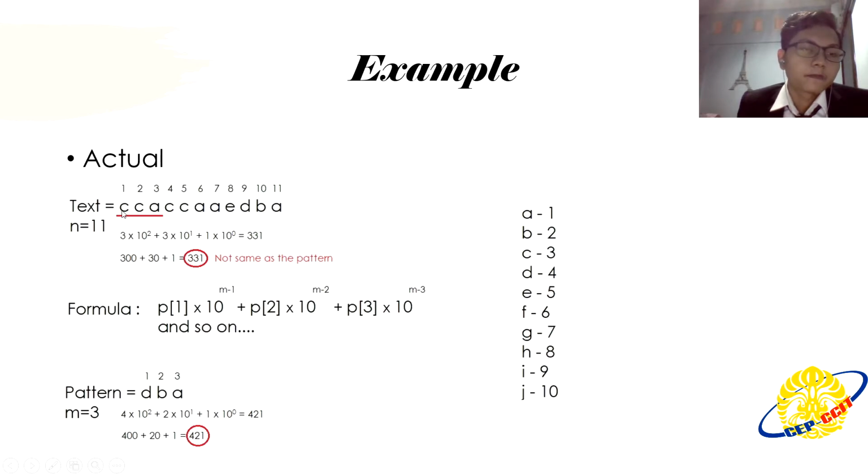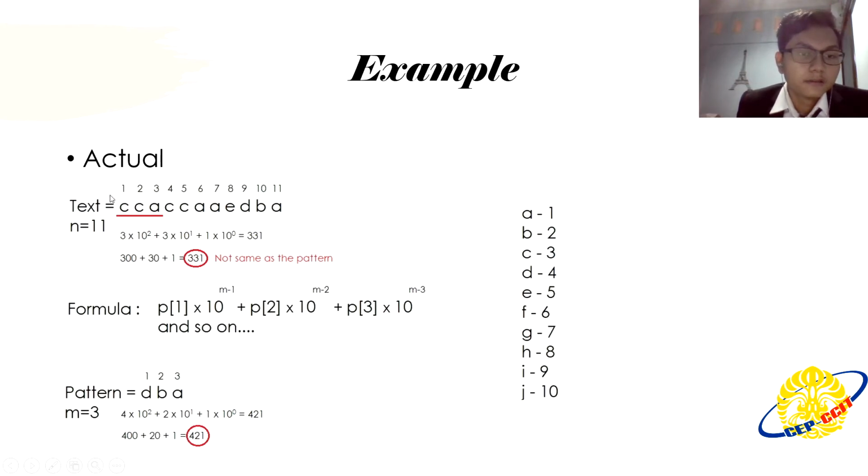So the first one, just like before, is 3, CCA, and use this formula: 3 minus 1, which is 2, 3 minus 2, which is 1, and so on. And we got 331.